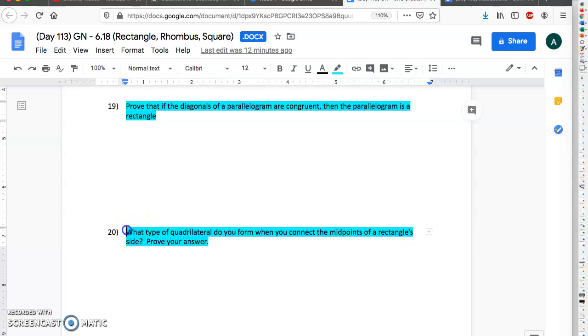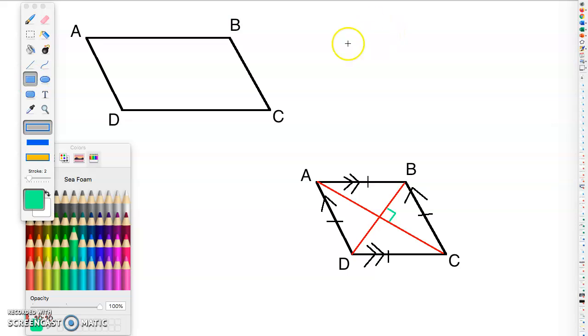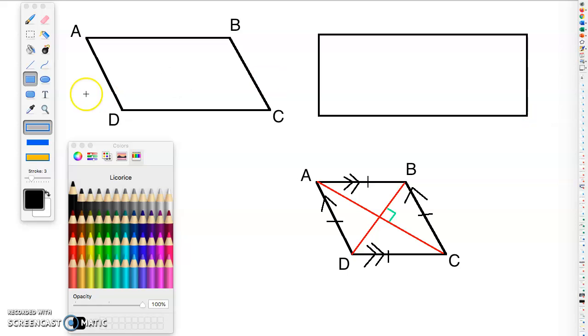It asks you this question. If you have a rectangle and you connect all the midpoints of the sides, then what type of quadrilateral would you have? So once again, let's say we have here a rectangle, okay? And it says that we're connecting all the midpoints. So basically all the points in the middle are getting connected.